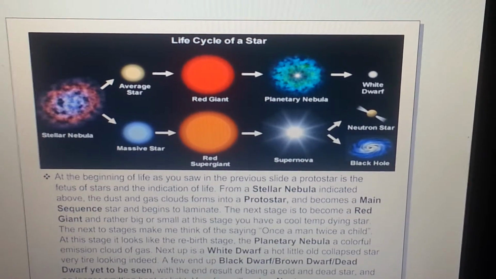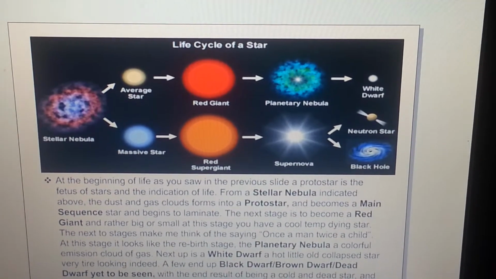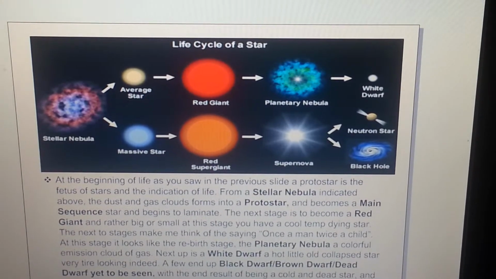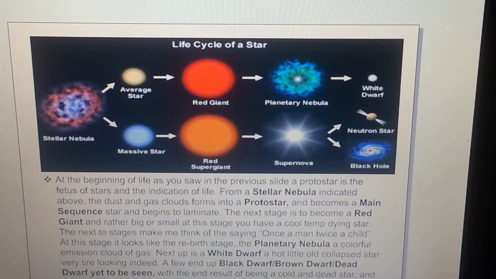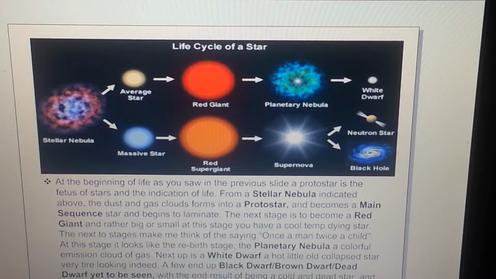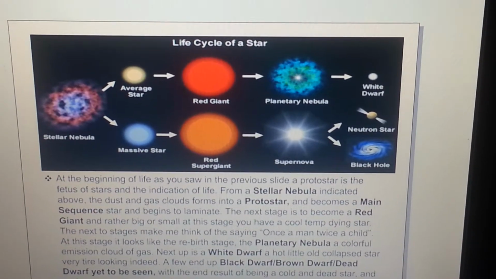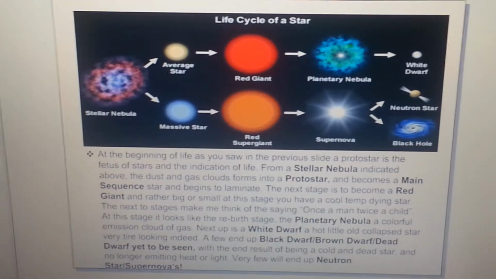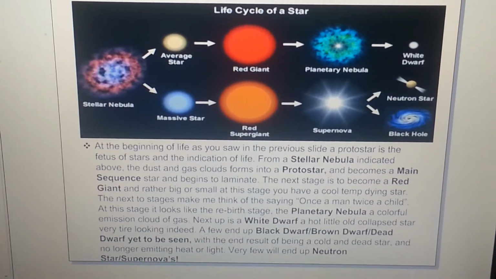A few end up as black dwarfs, brown dwarfs, or dead dwarfs, yet to be seen, with the end result being a cold and dead star no longer emitting heat and light. Very few will end up a neutron star or supernova. Okay. Read it if you like.